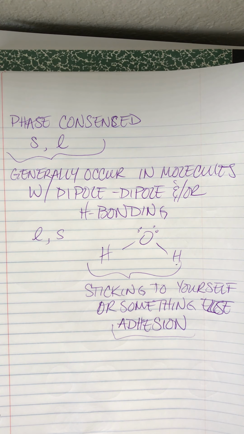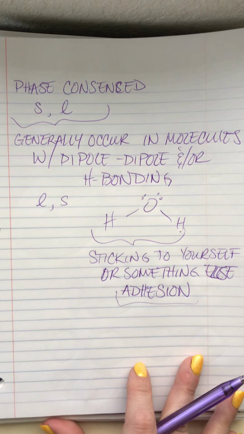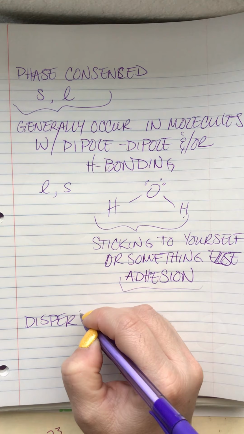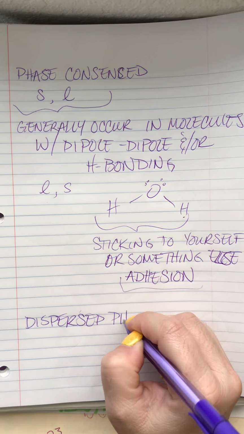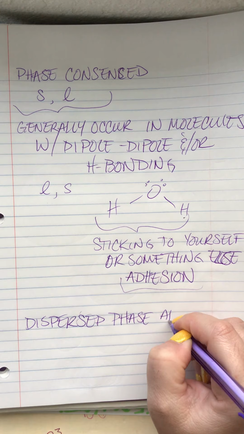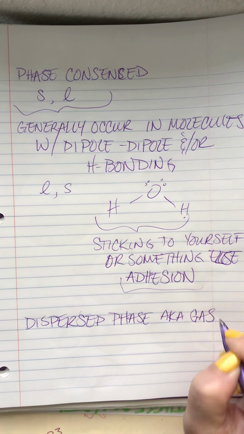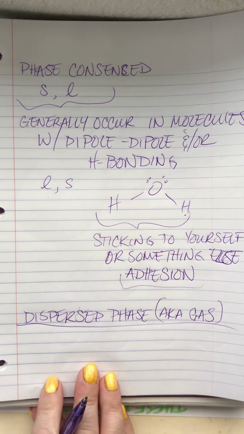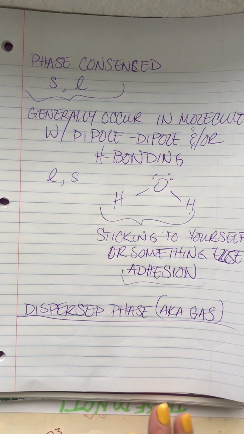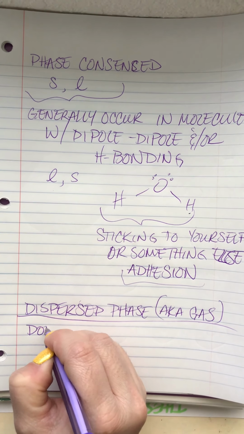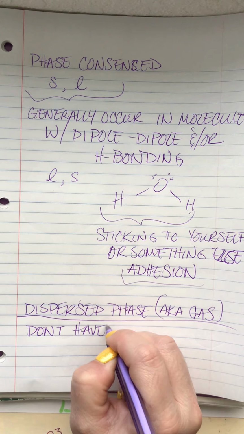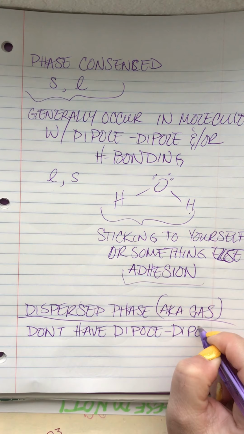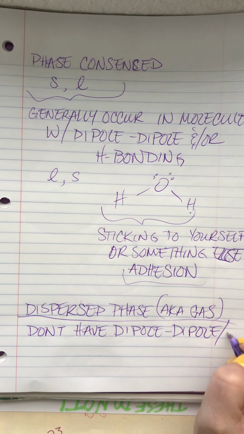Does that make sense, guys? Cool. So if you have a disperse phase, aka a gas, then almost, I would say, 90% of the time you don't have dipole or hydrogen bonding.